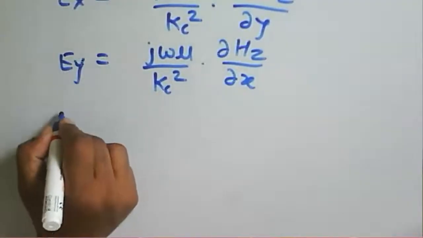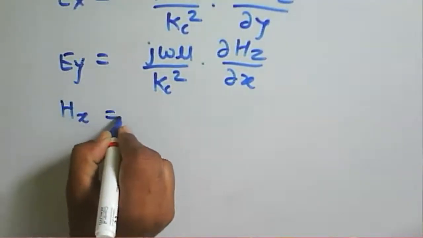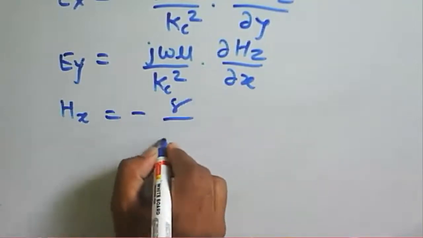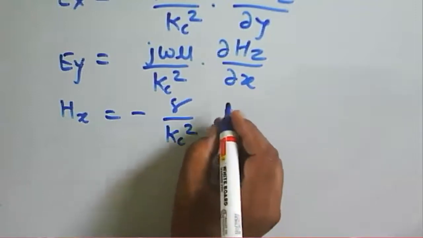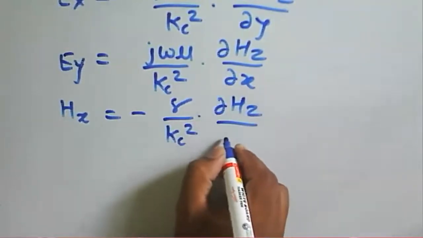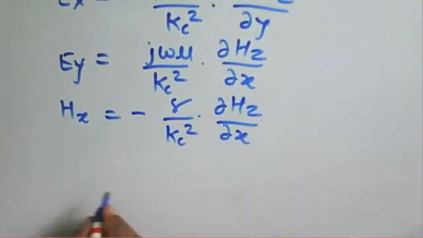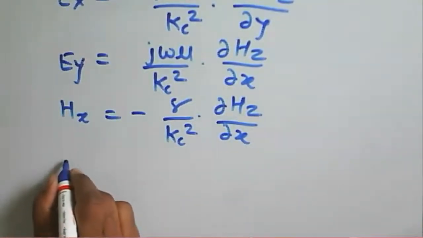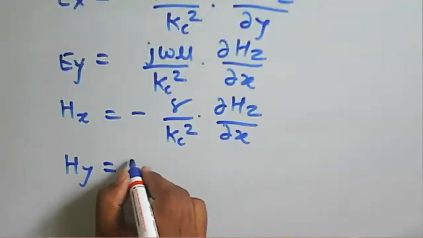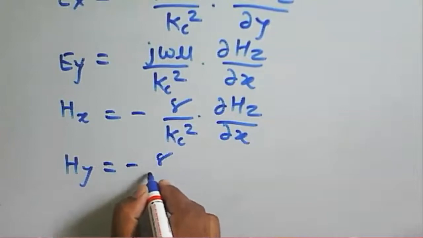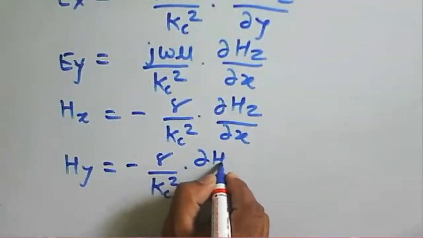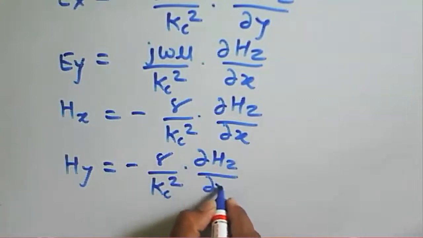Then Hx here is minus gamma by Kc square into dou Hz by dou x. Then Hy is equal to minus gamma by Kc square into dou Hz by dou y.